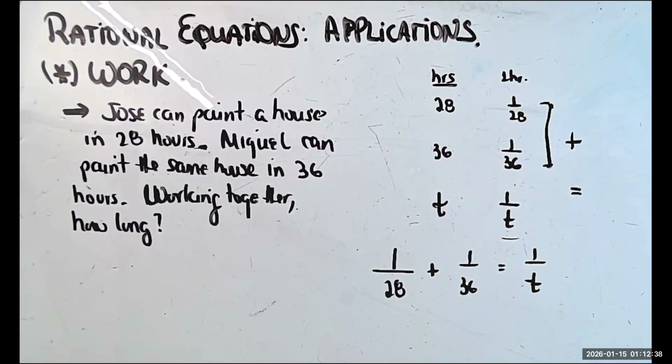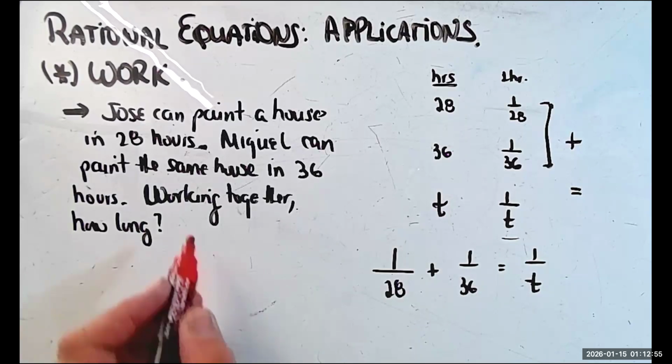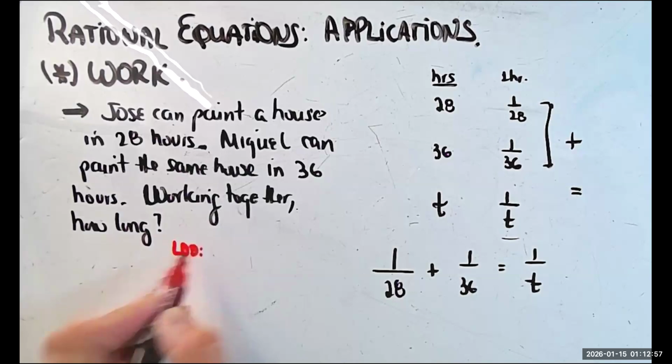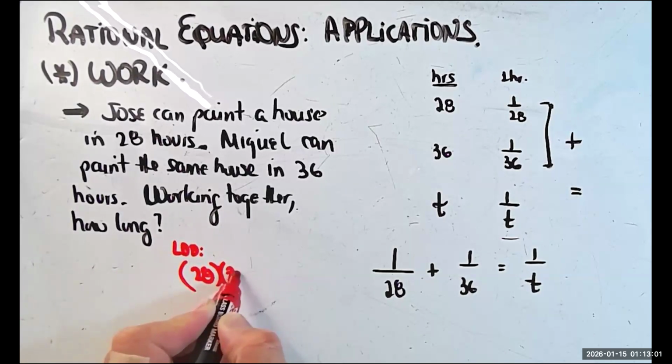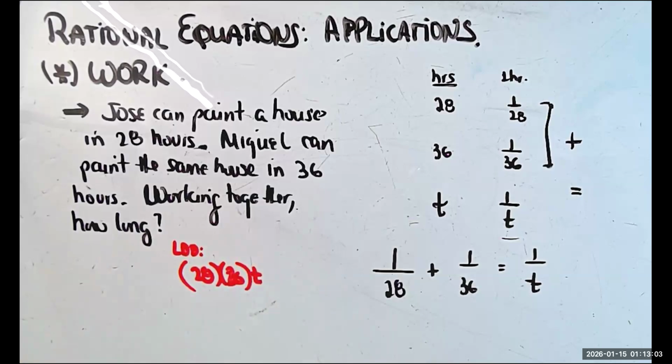As always, every time we have a rational equation, right away LCD, the least common denominator. We need to find the LCD between 28, 36, and t. I'm going to be a little bit lazier, or more practical. I'm simply going to decide that the LCD is the multiplication of 28 times 36 times t.